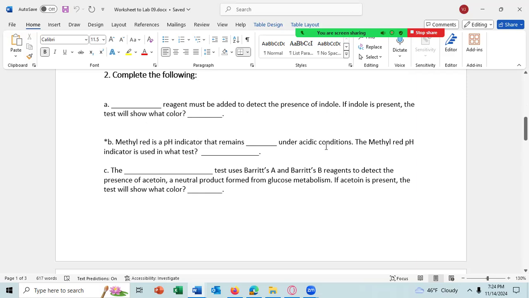And methyl red pH indicator is used in what test? Which test uses Barritt's A and Barritt's B reagents? So that's 2C1, to detect the presence of acetoin, a neutral product formed from glucose metabolism. If acetoin is present, the test will show what color? So that's 2C2.